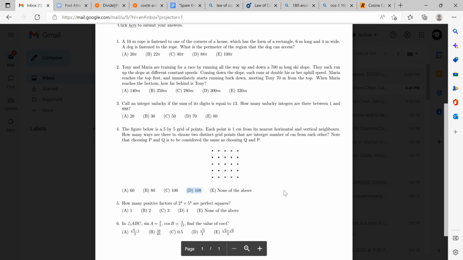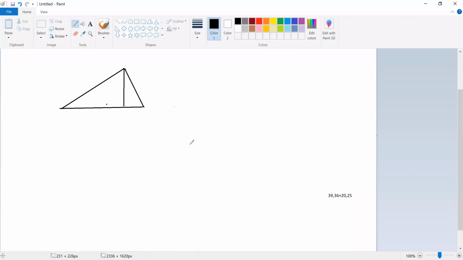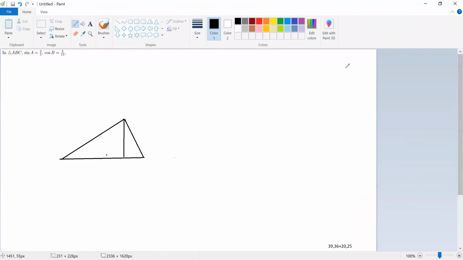So this is what we can do without using a calculator. The question is up here. Okay, so we know their ratios. The ratio between this and this is 3 and 5, because sine is opposite over hypotenuse.